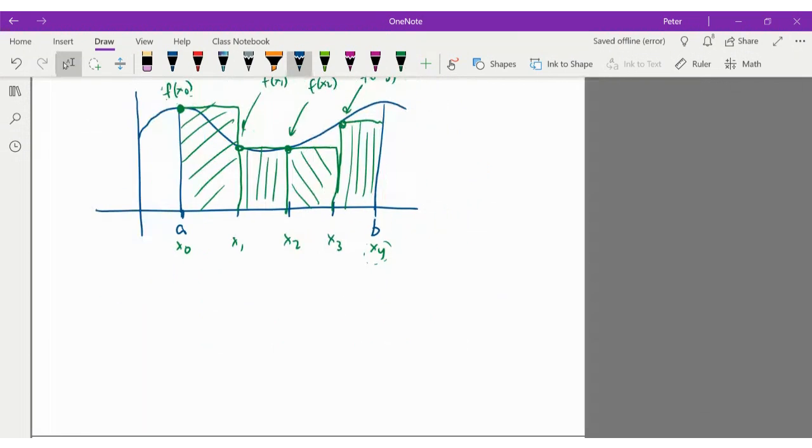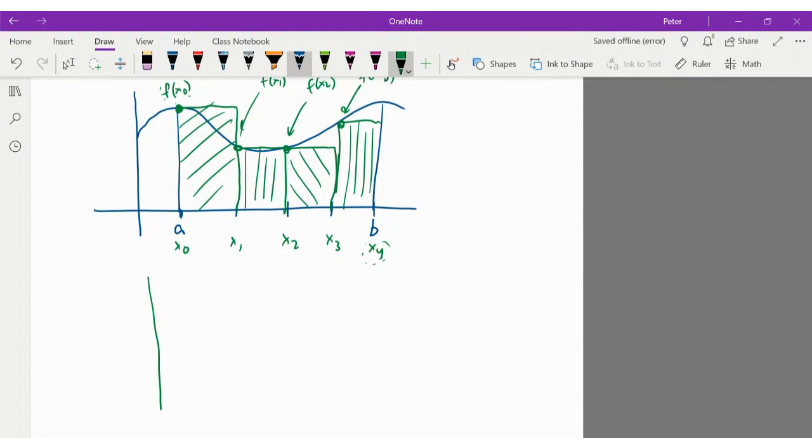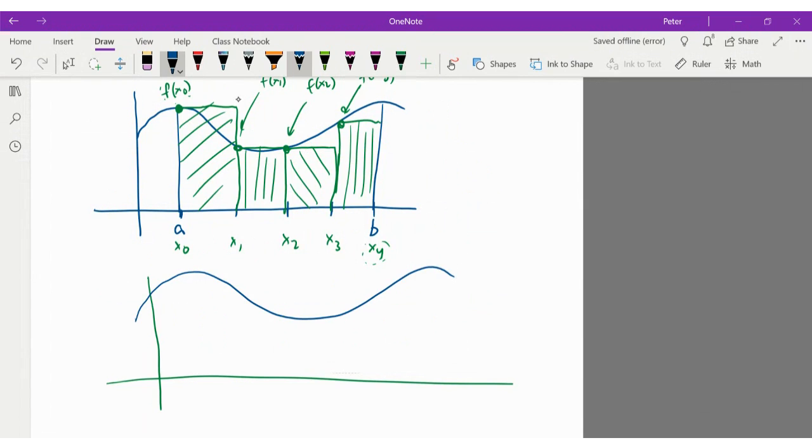And then finally, the midpoint approximation, draw like this, where what I have to do is, inside each of the subintervals, I'm going to draw another point that I call c1, c2, c3, and c4, and I use the midpoint of each subinterval to draw the rectangle.